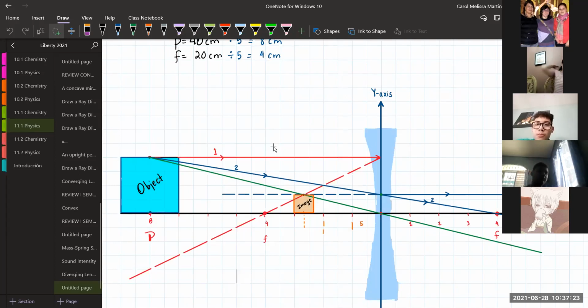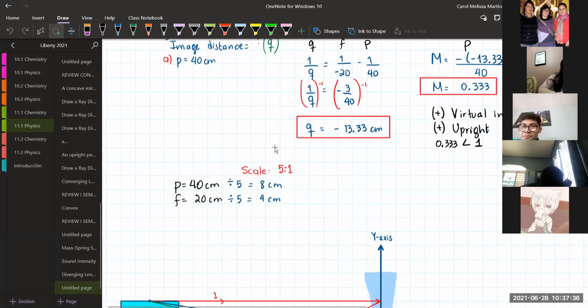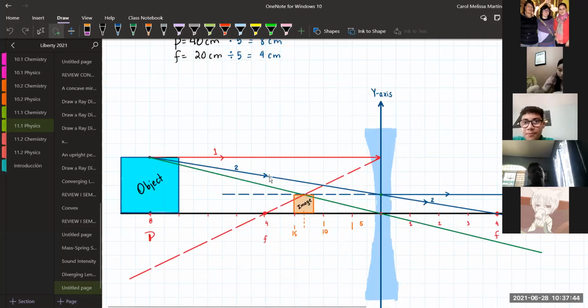Here I have 10. Here I have 15. So it is between 10 and 15. Okay? Closer to 15 than 10. So it makes sense because it fits the information that we obtained in numbers, which was 13.33. So with this, we can say that we confirm the answer that we got, and the sketch is going to be correct.